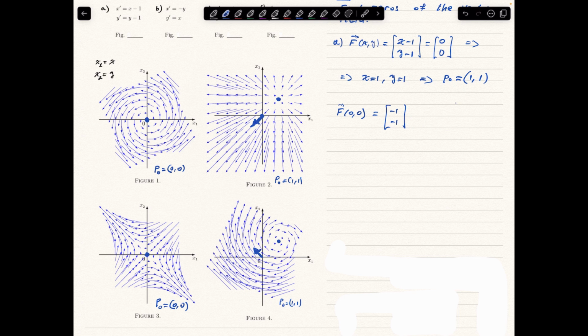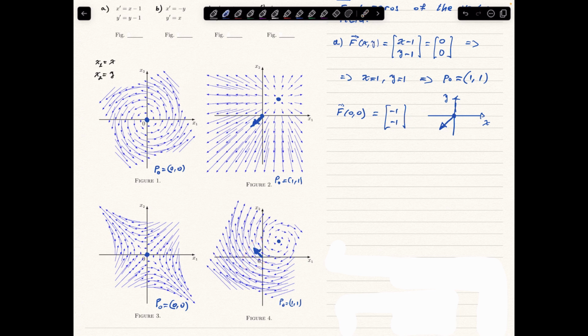And this is a vector of the form -1, -1 at the point 0, 0. So this is x and this is y. It is a vector of the form -1, -1, so like this. That one here, not this one.